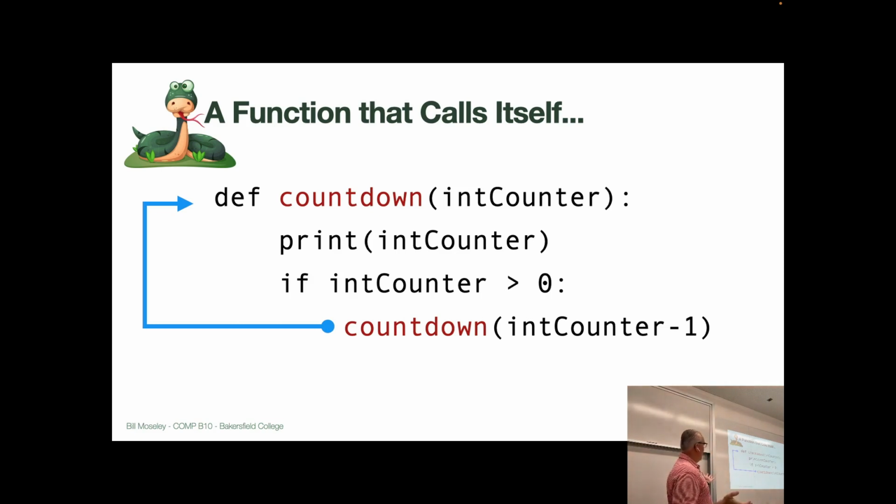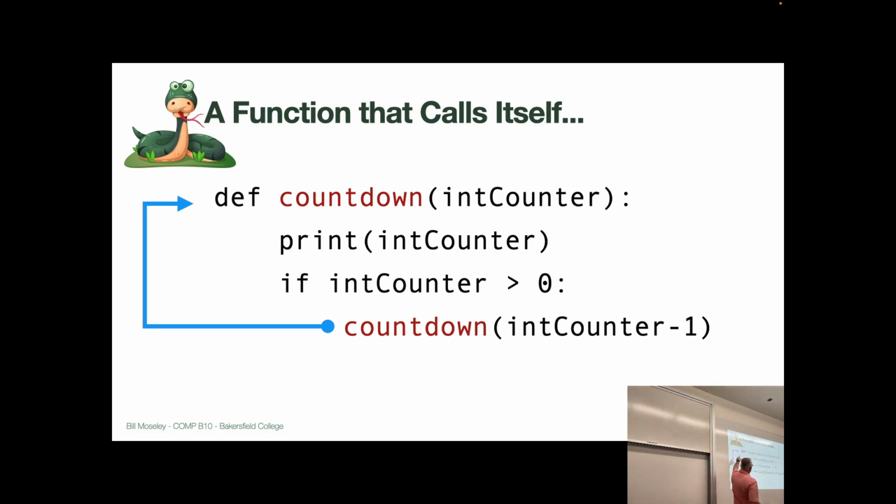You can see it's defined countdown and taking int counter as a parameter. Then it prints the number, and then it says if int counter is greater than 0, then call the function countdown with int counter - 1.